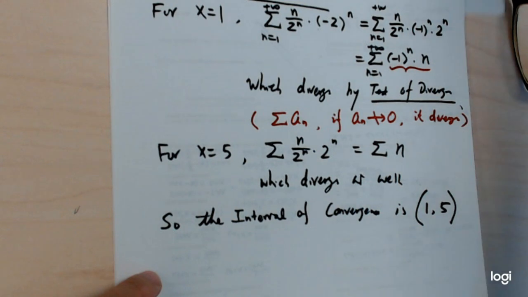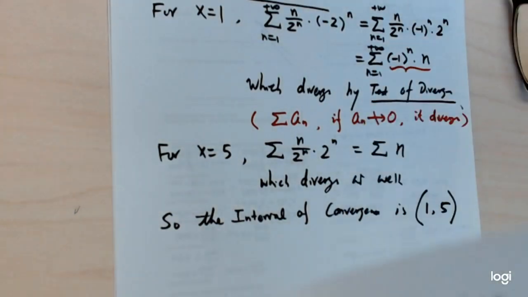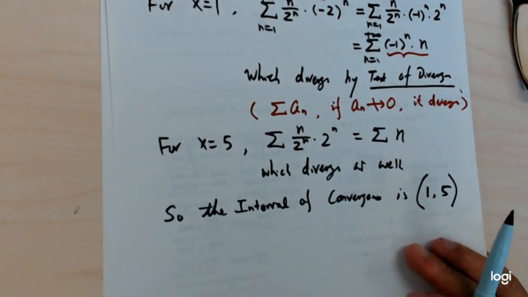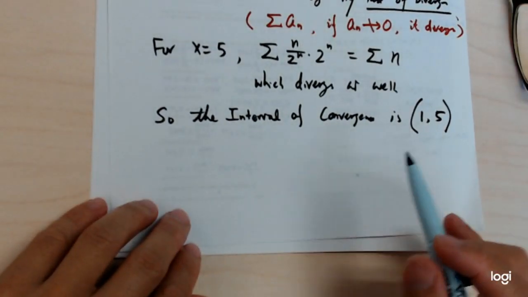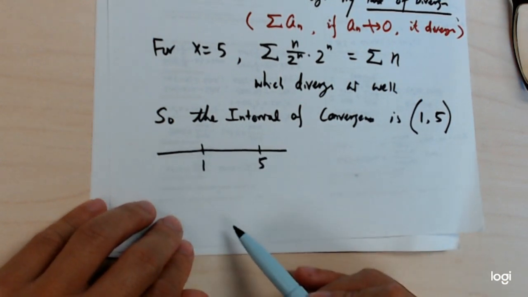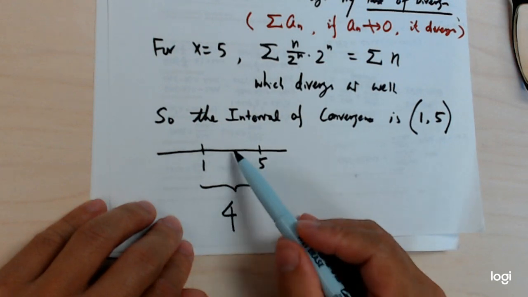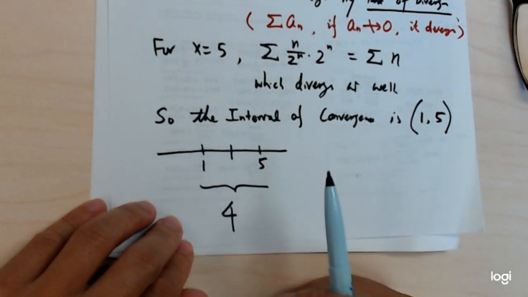There was another piece that we want to answer. That is, what's the radius? So you look at this interval from 1 to 5. The whole size is obviously 4. Cut this in half and it will give you the radius.